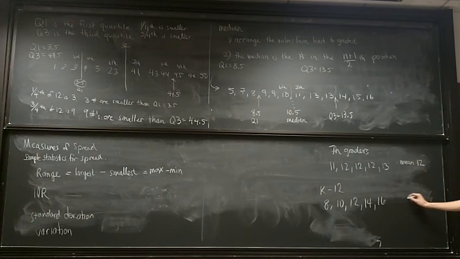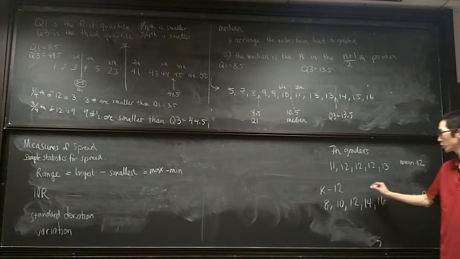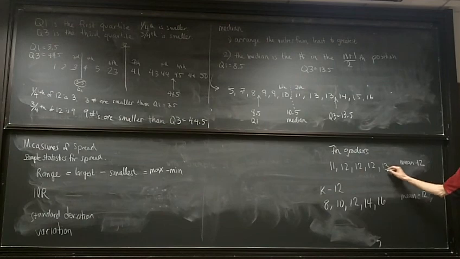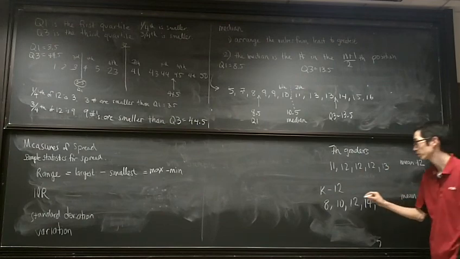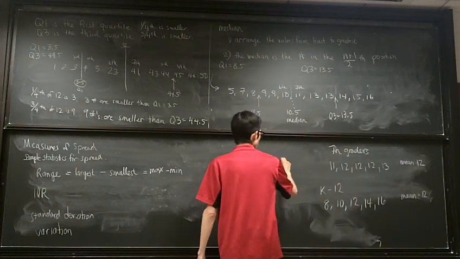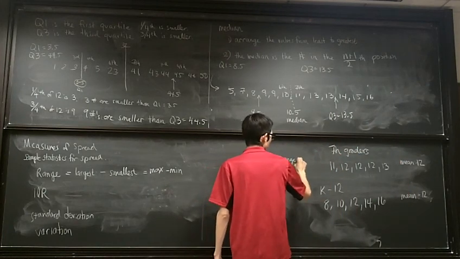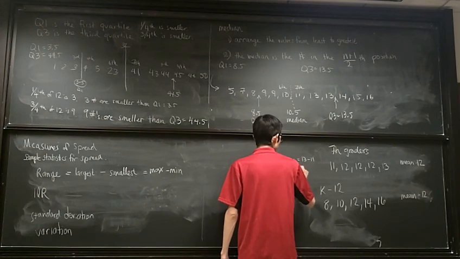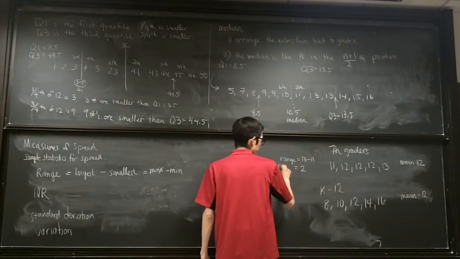And again, the mean here was also 12. But if we look at the range, what is the range of ages for the 7th graders? 2. Okay, so our range here is 13 minus 11. I have a range of 2 years here.